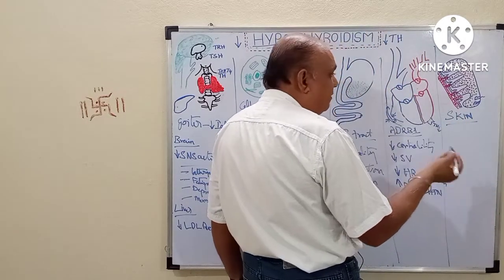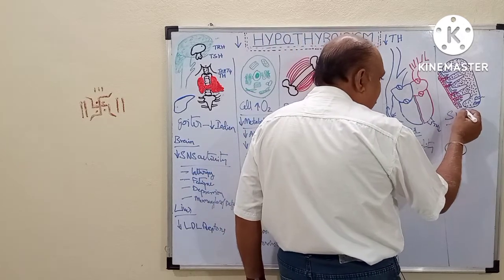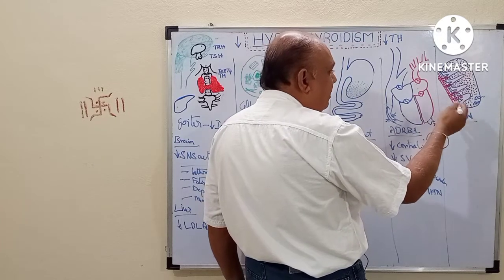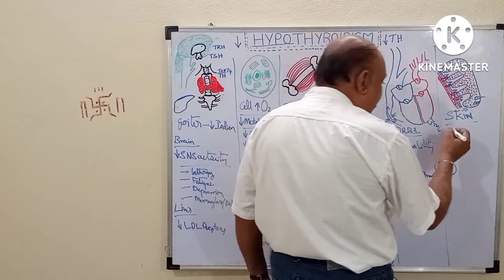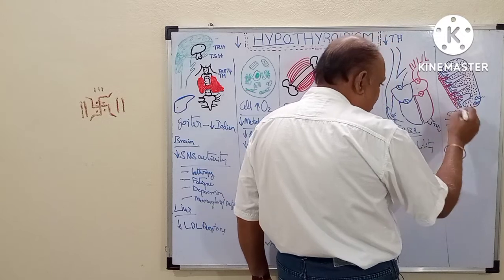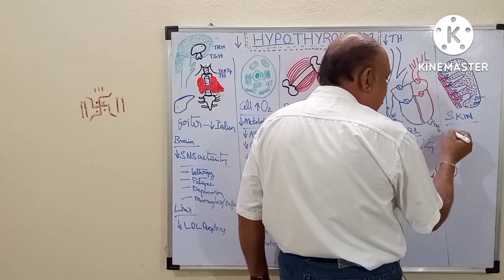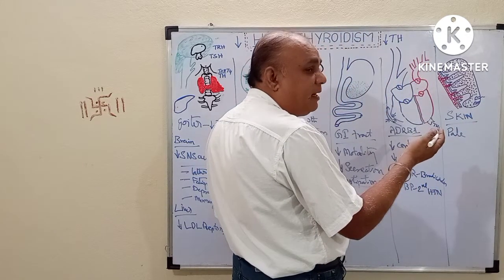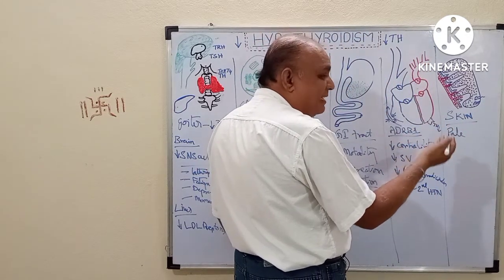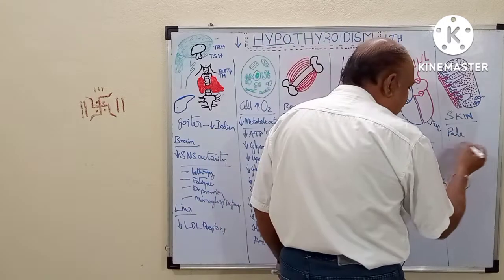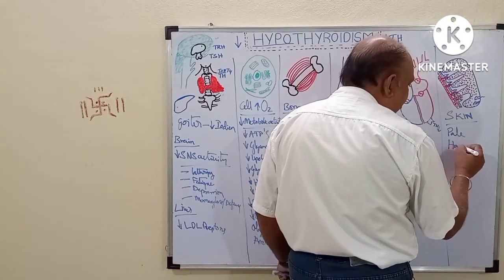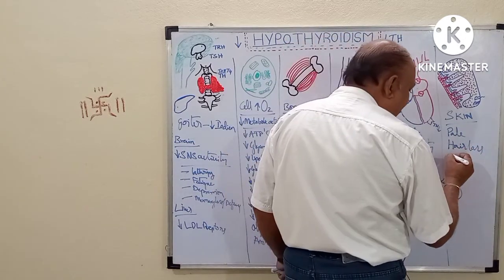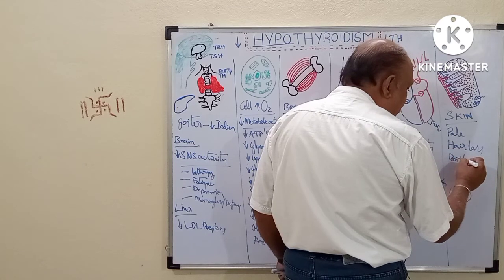We have seen in the functions of thyroid hormone that it will dilate the blood vessels of the skin to reach the blood, whereas low thyroid hormone levels will not allow the blood to reach the skin properly, which in turn results in pale skin, hair loss and brittle nails.